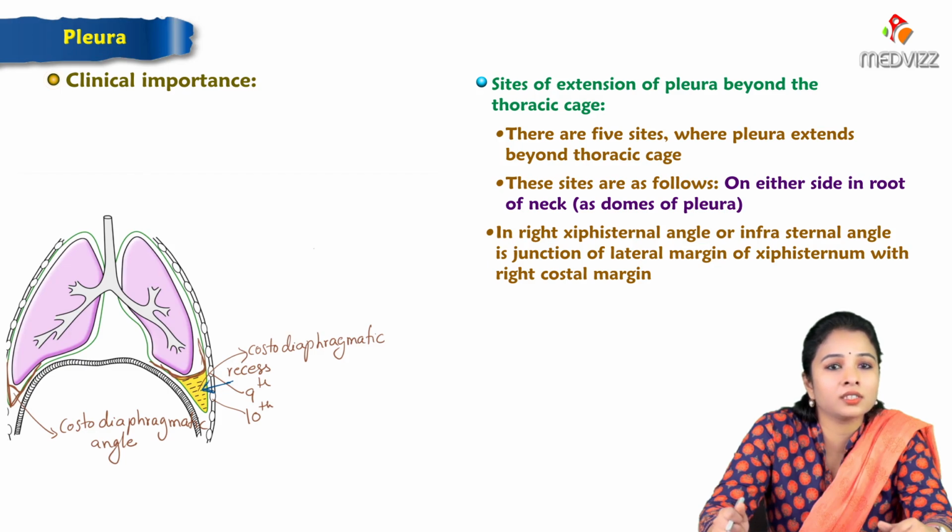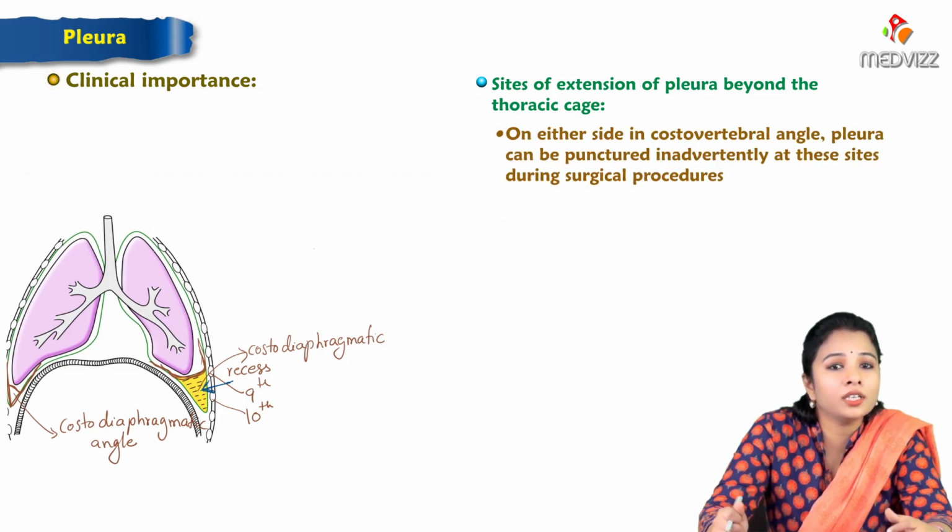And third, on either side of the costovertebral angle. On both sides of the costovertebral angle, the pleura can be punctured inadvertently at these sites during surgical procedures. So you should know the sites where the pleura extends beyond its usual limits.